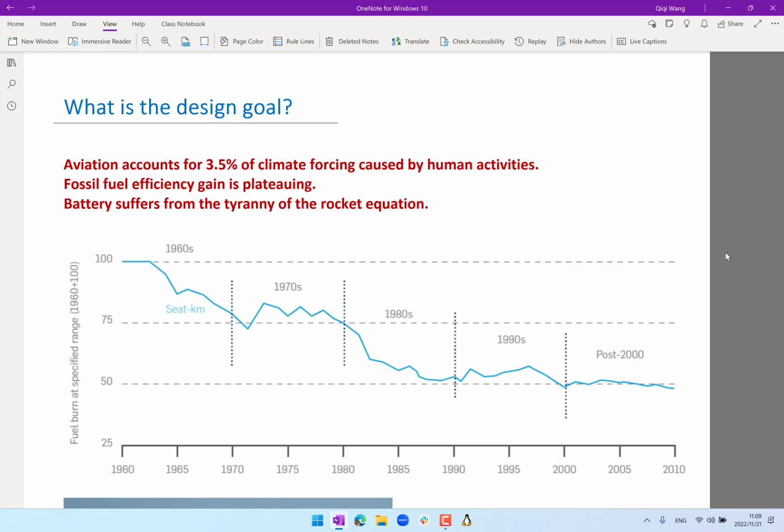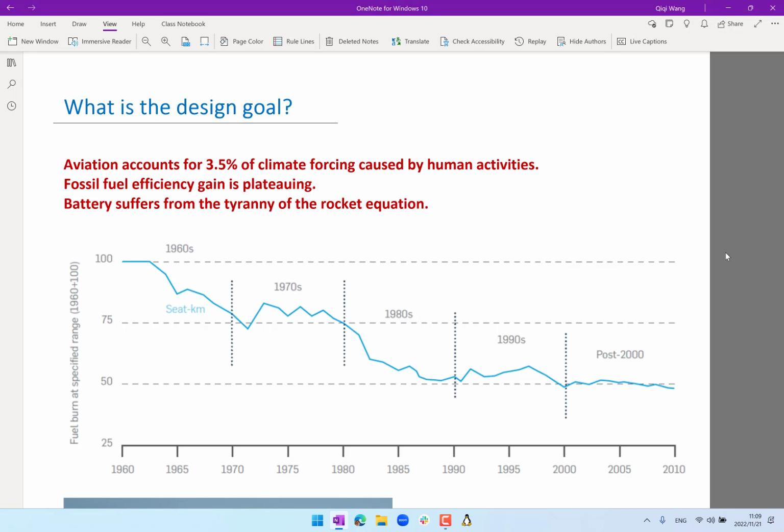The problem is that almost all other major human-related activities have bright prospects of reducing the amount of emissions and climate forcings. Like cars are becoming more and more electric, right? Power generation is kind of replacing fossil fuels with other sources. But aviation actually is the toughest one to reduce the climate forcing.